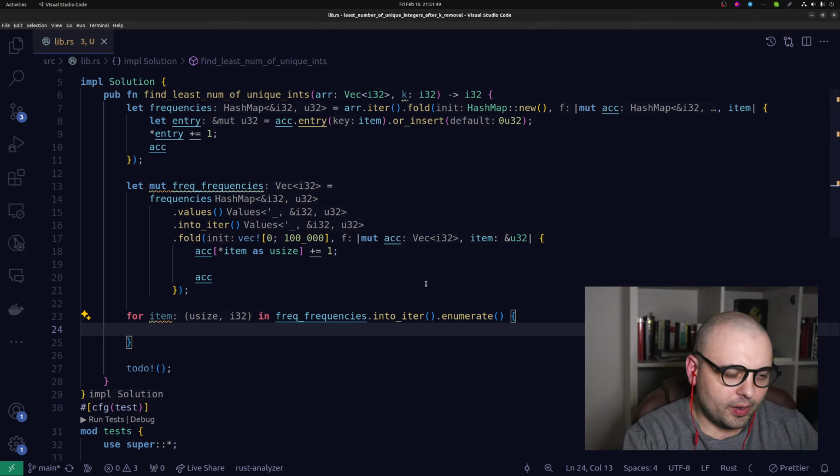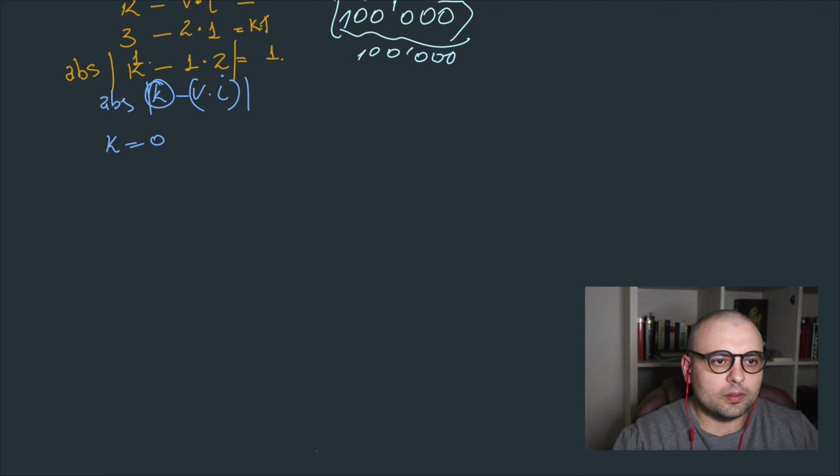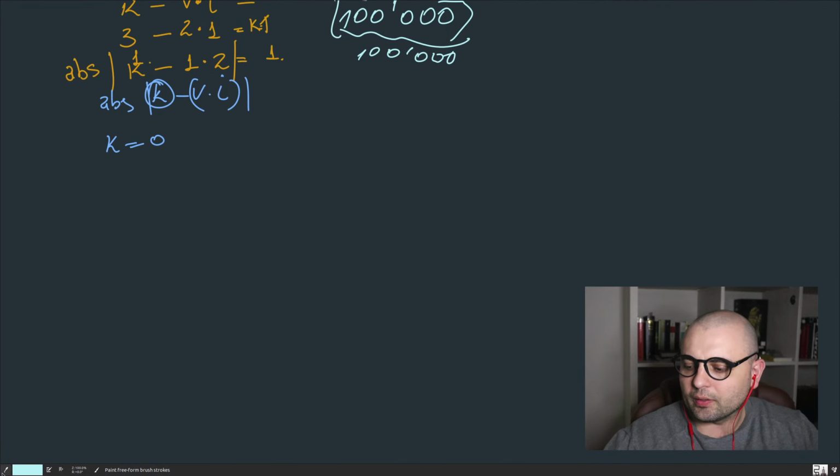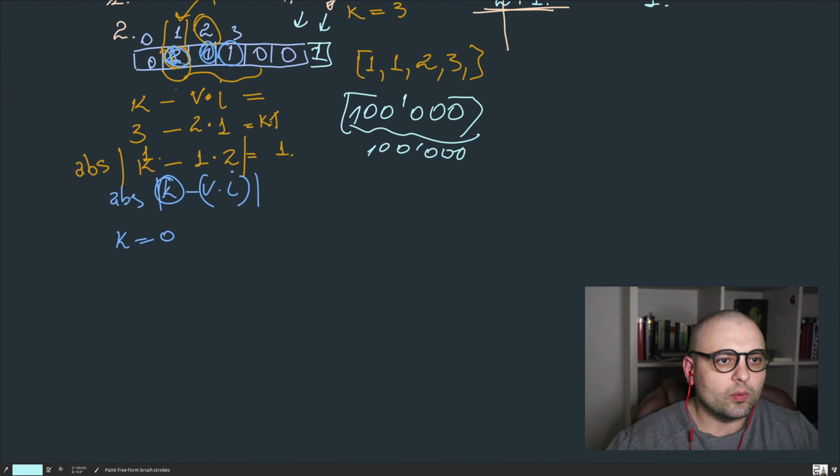Okay, so now we'll try. So let's assume we've got items. So yeah, let's go back to our drawing board. Let's assume we've got our vector here in this form. So we've got 0, 0. What happens when we've got 0?